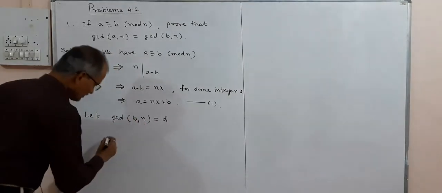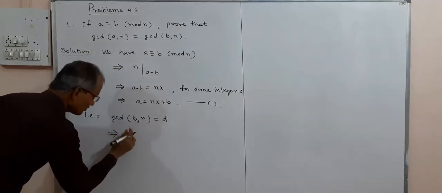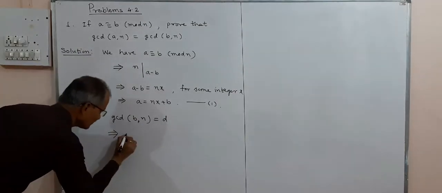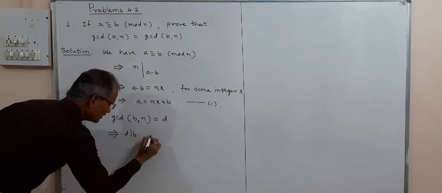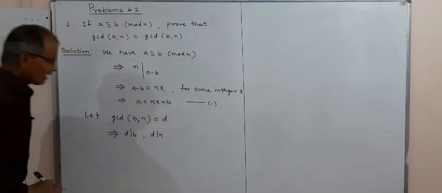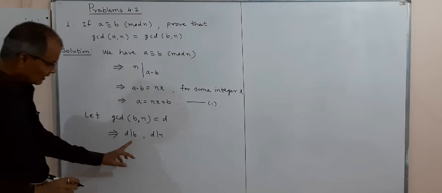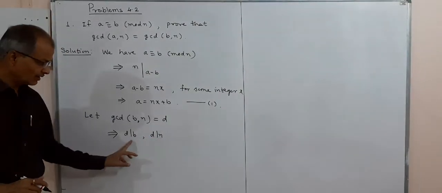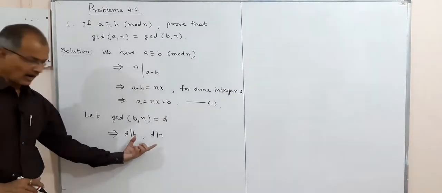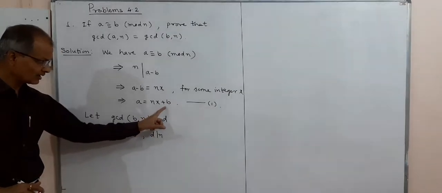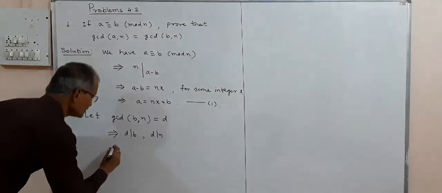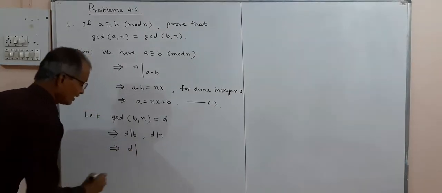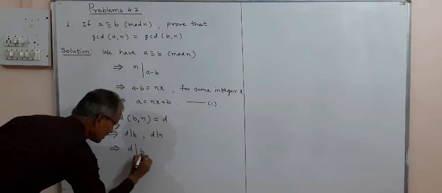So by definition of GCD, d is the common divisor and greatest common divisor of b and n. d divides b and d divides n. And we know the property of divisibility: if d divides b and d divides n, d divides the combination of b and n. And this combination of b and n we shall consider as nx plus b. So this implies d divides b plus nx.